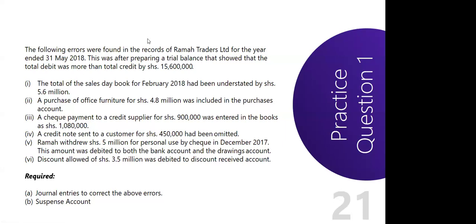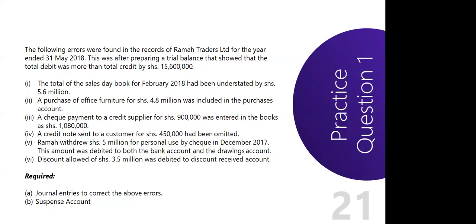So which side had a bigger total? Most of us are saying the debit side, which is quite correct. So for our suspense account, the balance is on the credit side. The difference is on the credit side. We are going to see it practically when we prepare our suspense account, and also as we correct the errors.